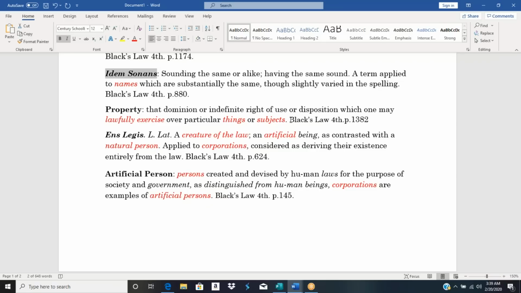Ens legis. That name on the Social Security card, which is the property of the Social Security Administration, is an ens legis. It is Latin, a creature of the law, an artificial being, as contrasted with a natural person, applied to what corporations are considered as deriving their existence entirely from law.